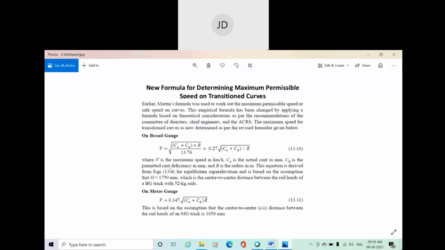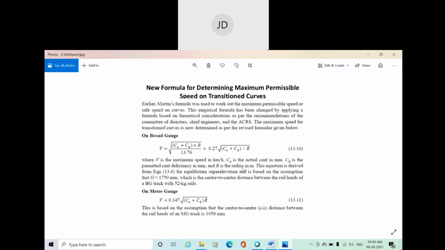If a train is moving along the same track but with a higher speed than the safe speed, then there is a lack of super elevation. That is called cant deficiency. So this is also measured in millimeter only.